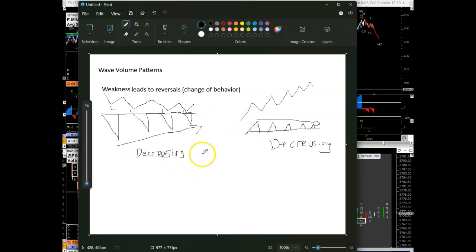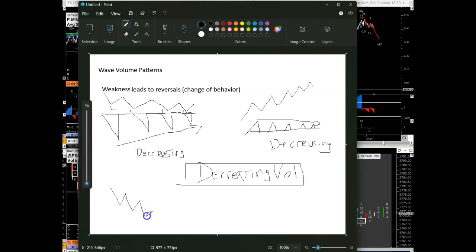So the point here is this decreasing volume pattern, right? That's the first thing, decreasing volume. All right, now there's another pattern when it comes to wave volume that you should know, and let's explain it.